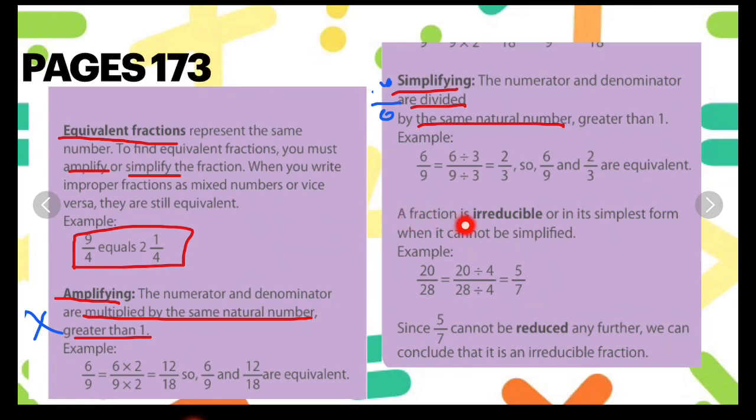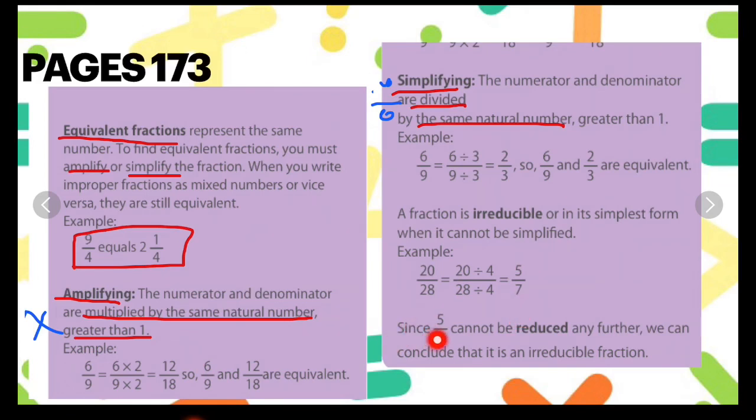A fraction is irreducible, or in its simplest form, when it cannot be simplified. Example, 20/28 equals 20 divided by 4, and 28 divided by 4 equals 5/7. That's all. You can't keep on simplifying because if you observe, this is an odd number, okay? It's not an even number.